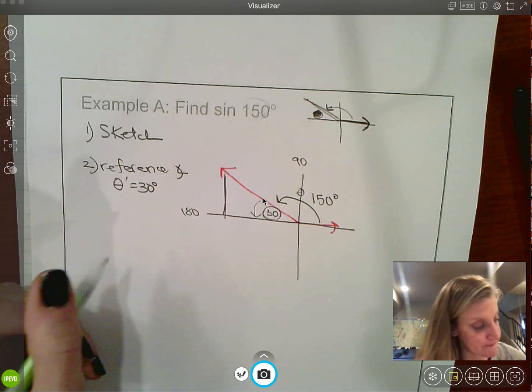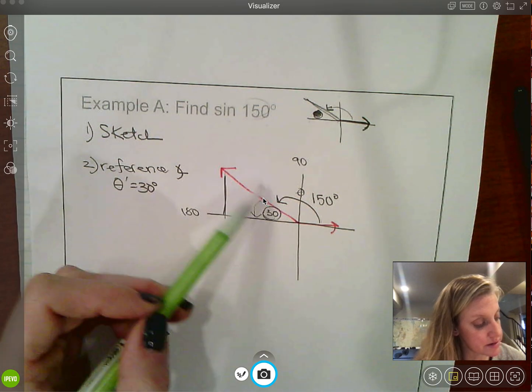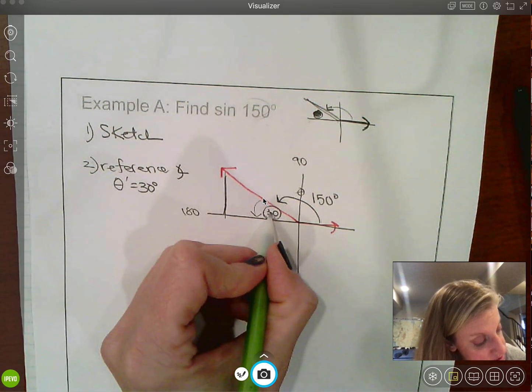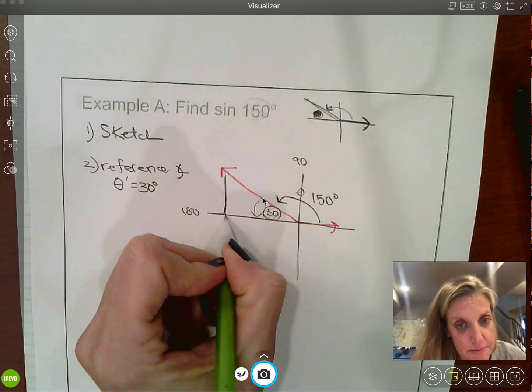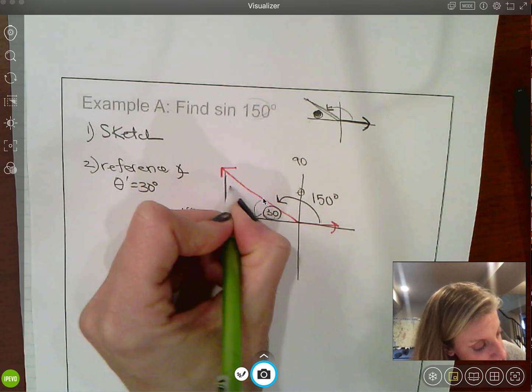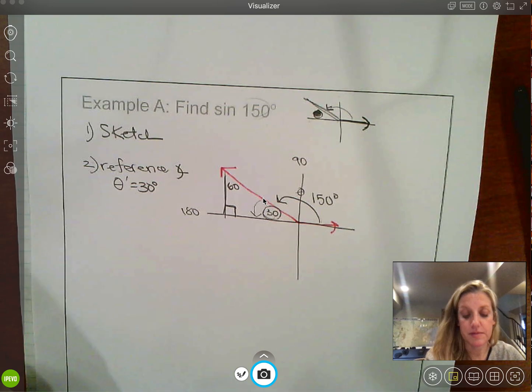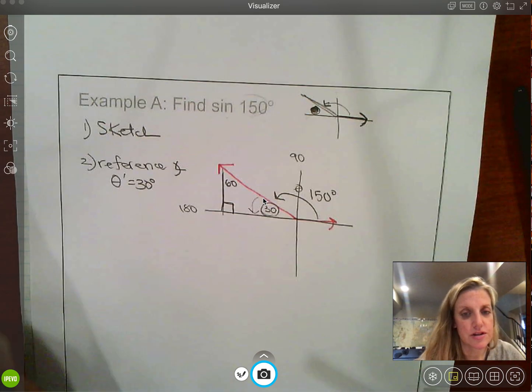And now it's time to spend a little time in this triangle. If this is 30 degrees and I drop this guy straight down, he's going to be 90. That one's going to be 60. So it's a 30, 60, 90 triangle.